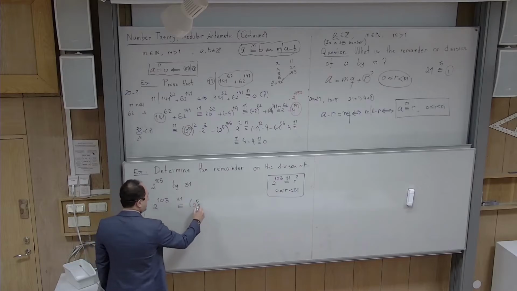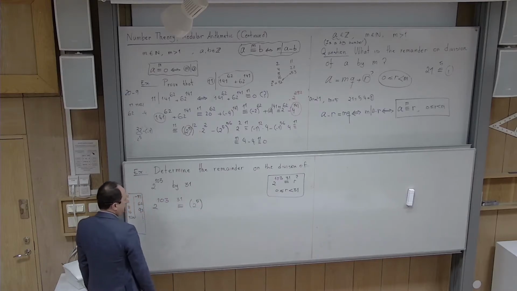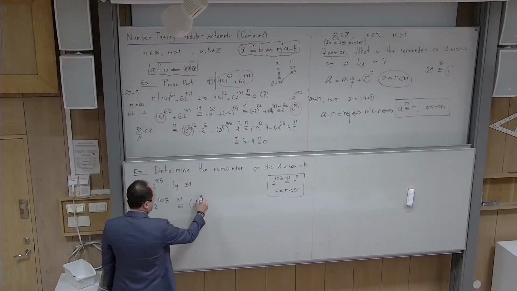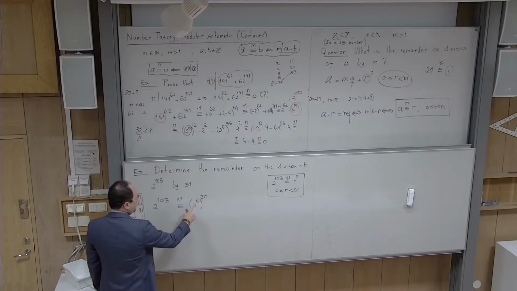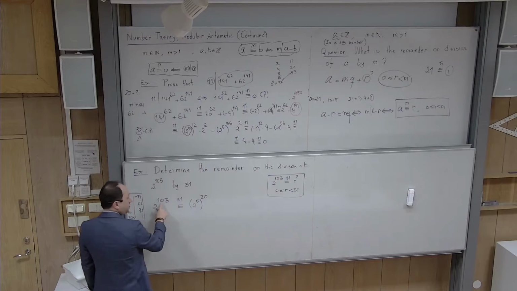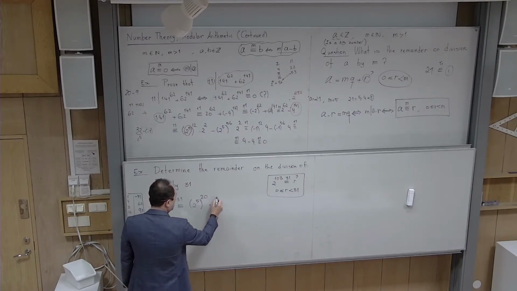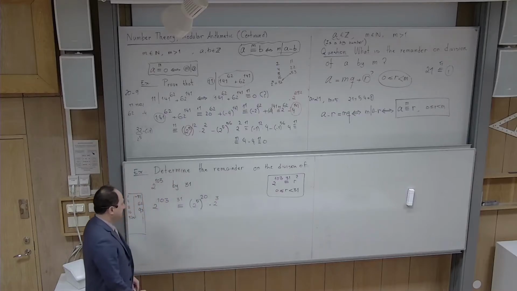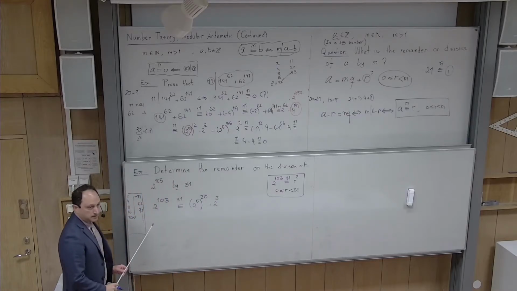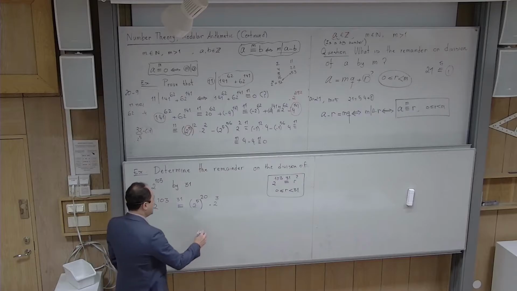So I have to raise it to which power? 20, but it is not enough because 20 times 5 is 100. I need 3 more. So I just add it by hand by multiplying it by 2 to power 3. Yes? And then I continue.